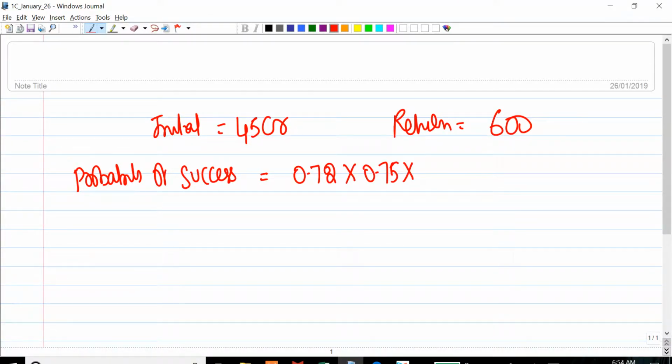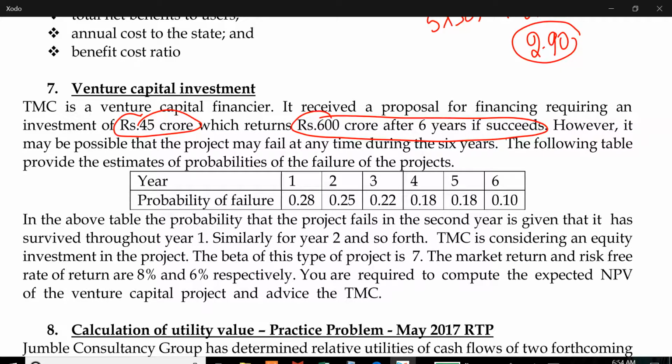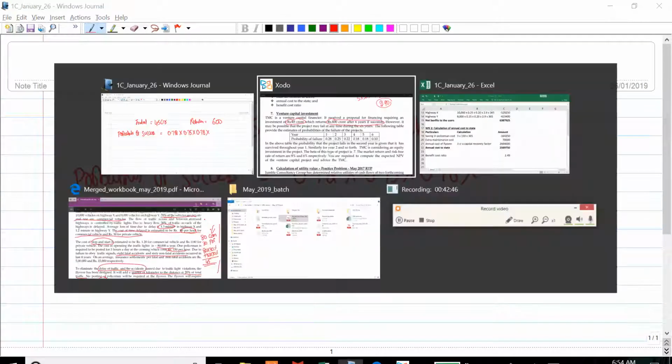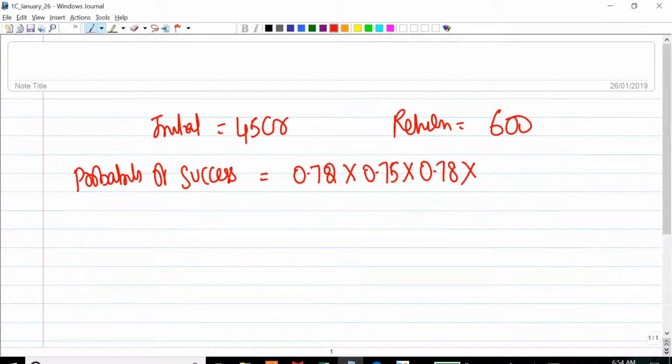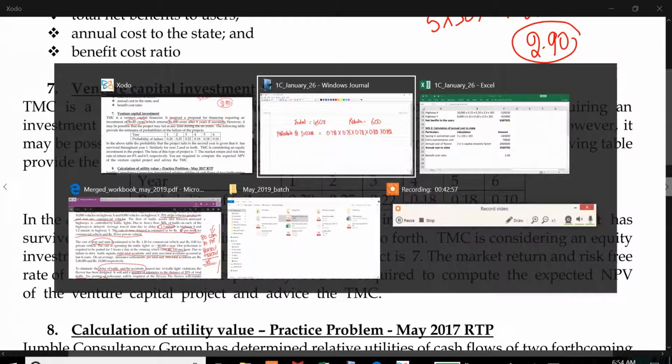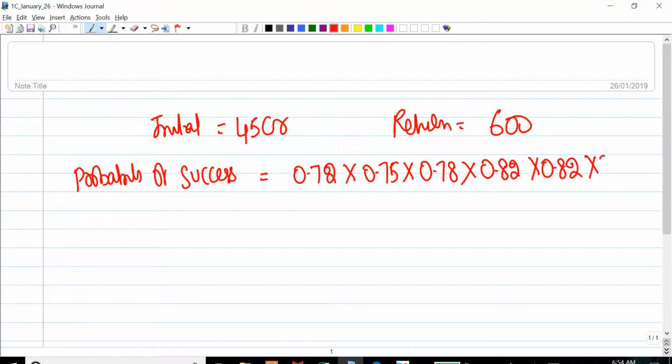It has to first succeed in year 1, then succeed in year 2, then succeed in year 3, then succeed in year 4, year 5, and finally it has to survive the last year. This is the probability that the project will survive throughout the 6 years.